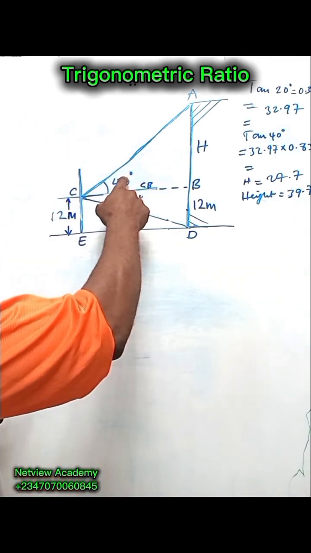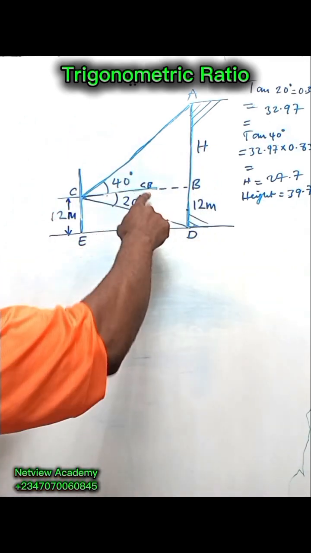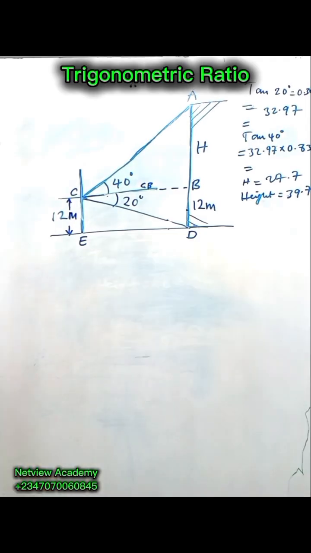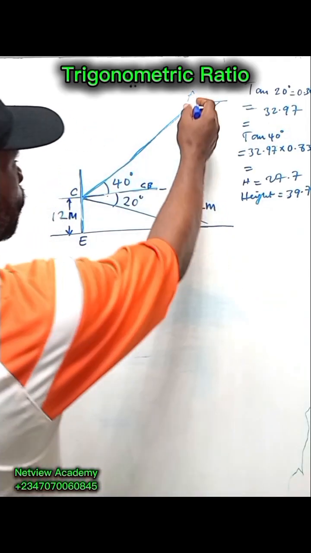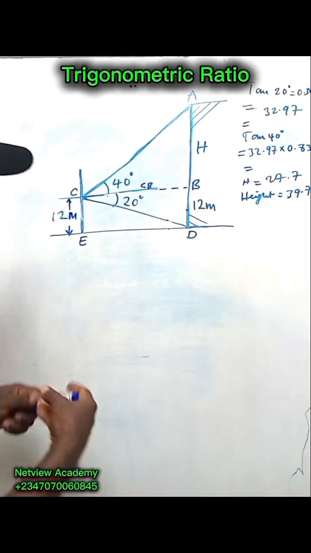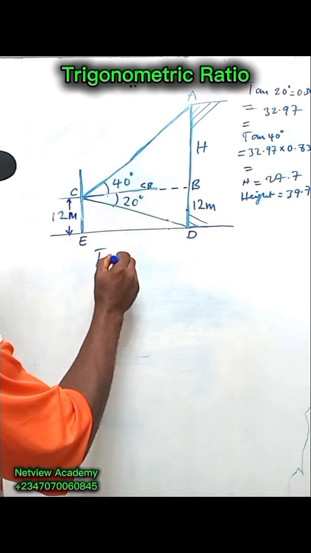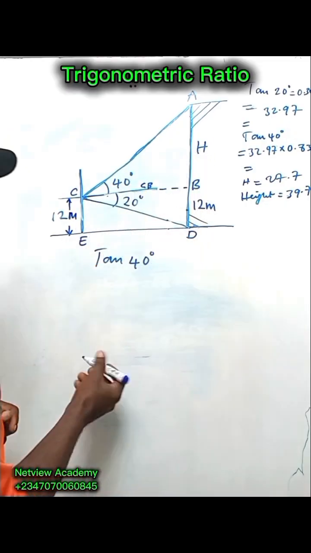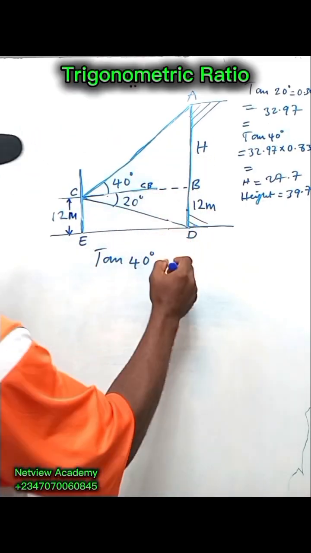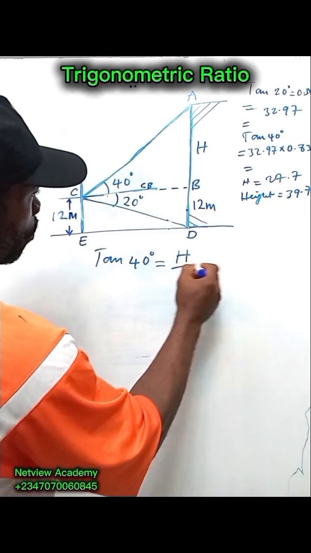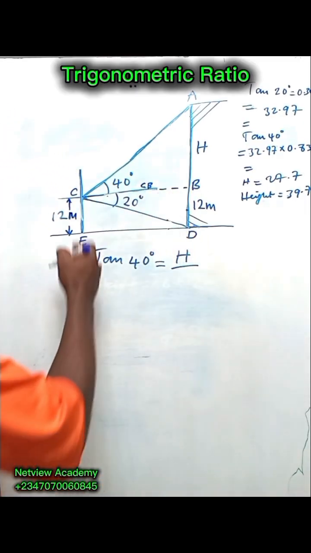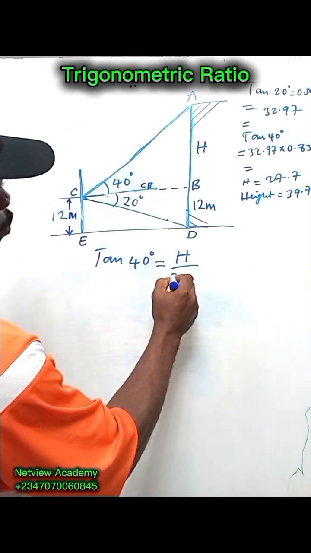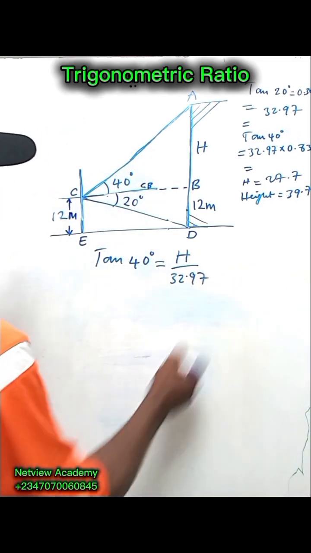Tan 40 degrees is opposite over adjacent, which is H all over the length of CB, which is 32.97.